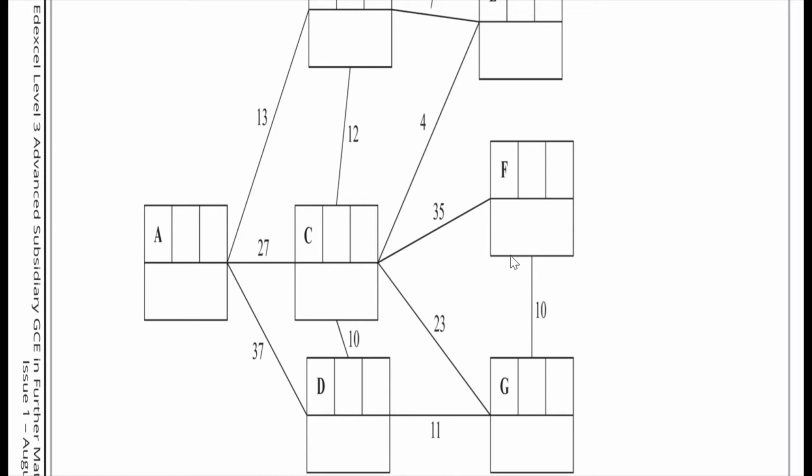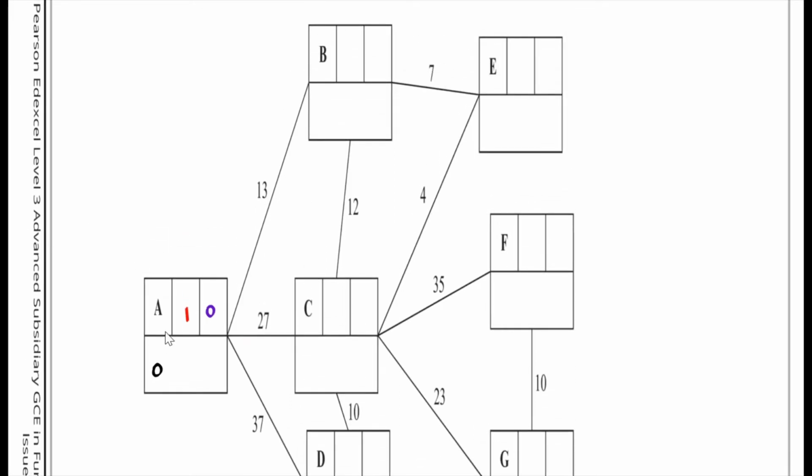So if we start at A, of course, we begin with a 0, and then we take this value into this box and we label A with a number 1.